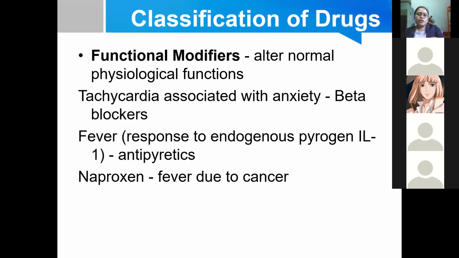Pag gigamit nimo si naproxen, unya naayo ka, it's a preliminary test for cancer. So there is fever due to cancer and ang tawag ana naproxen test. Pag naayo ka sa naproxen, again, it's a sign. It's a preliminary test na kay cancer. Kung unsang klaseng cancer to, kailangan pa siya i-confirm. Kasi naproxen is just preliminary test.